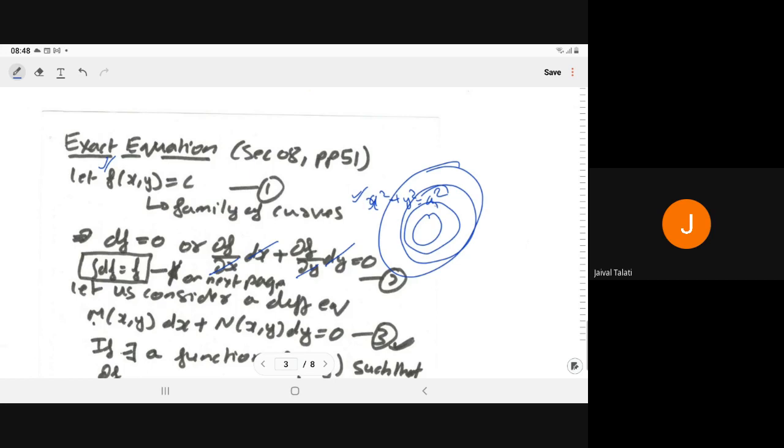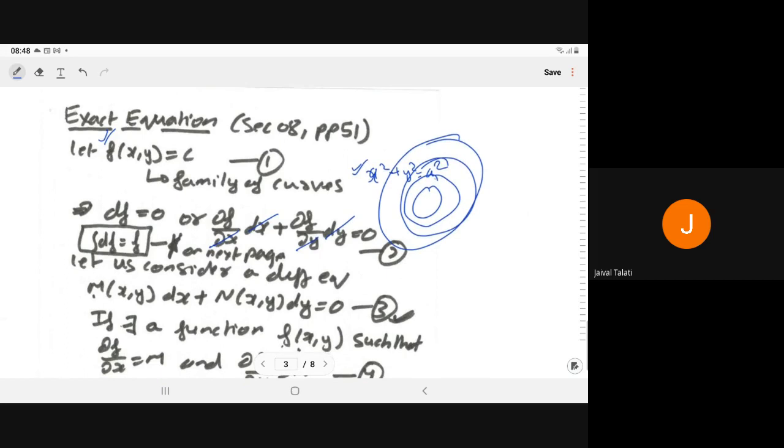So if you have a differential equation of this form, that can be written as df is equal to 0, and on integration it will give you the integral of df is equal to c, or f is equal to c. That type of equation is the exact equation, meaning which you can integrate exactly.